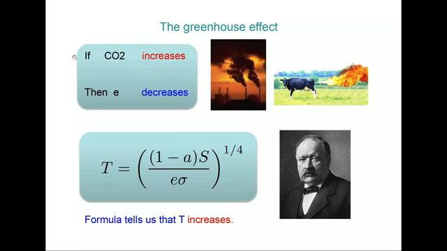It is also predictive. What this formula predicts is that if the solar radiation increases, so the temperature increases. That's not unreasonable. If the albedo decreases, so less energy is radiated into space, then the temperature increases. If the emissivity decreases, then the temperature increases.